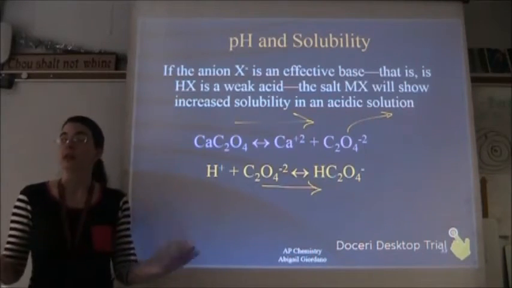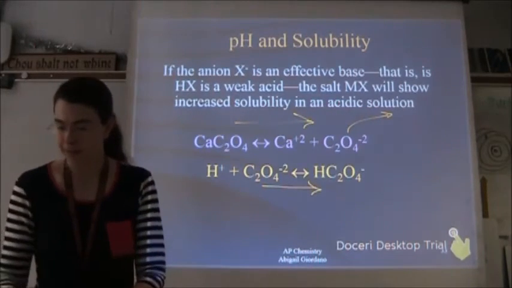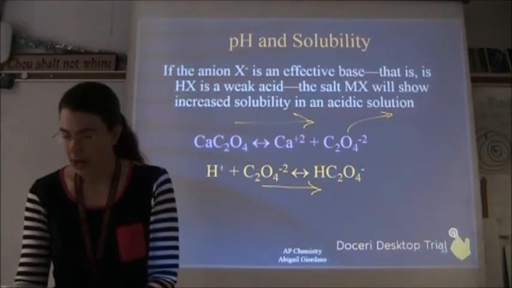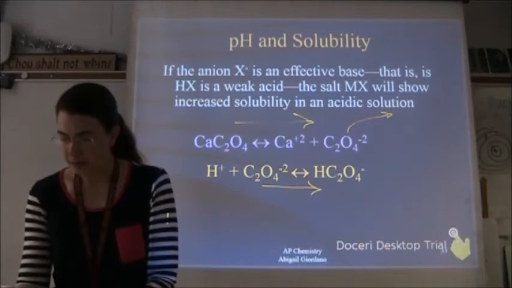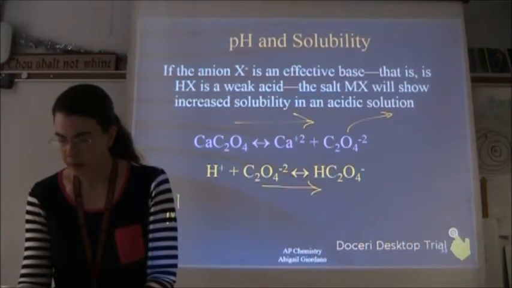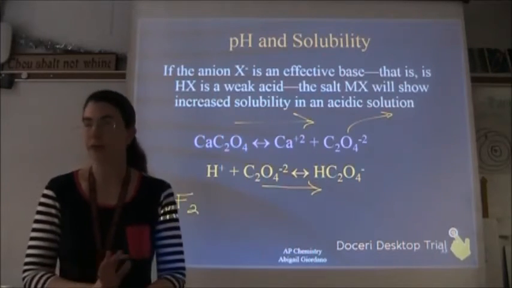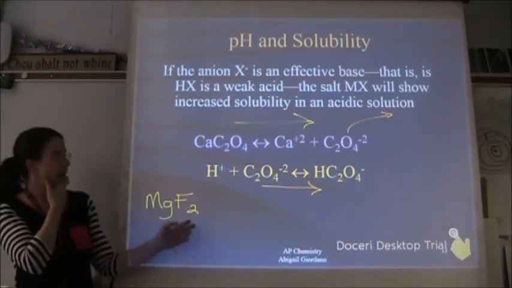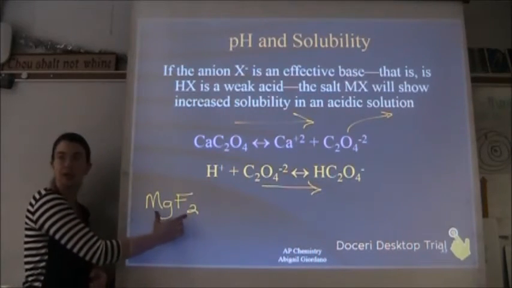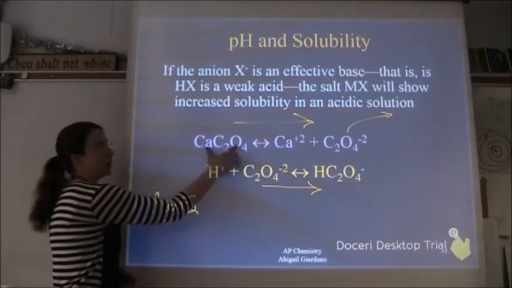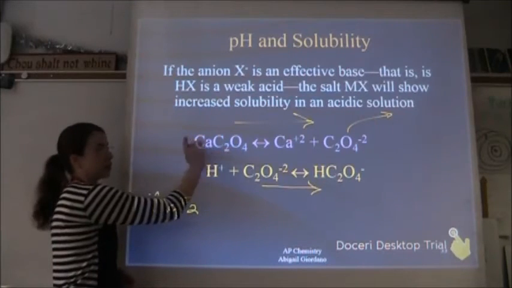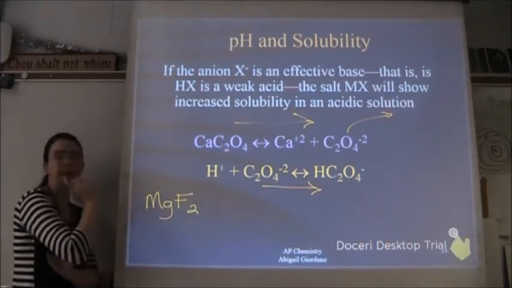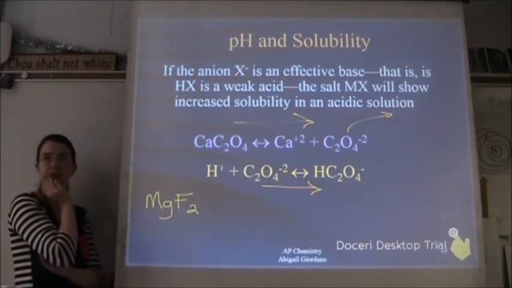I'm saying the same thing. Let me give you some other examples. How about this salt, magnesium fluoride? Imagine this salt in this position right here, and think about the possibilities of these two reactions.